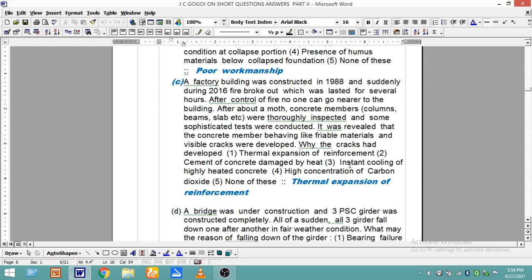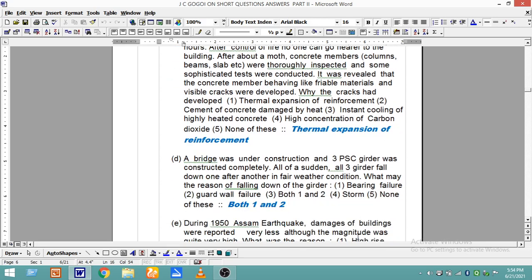So for this reason, thermal expansion was due to high temperature, and all the cracks have been developed. Answer is 1, thermal expansion of reinforcement. Next question.